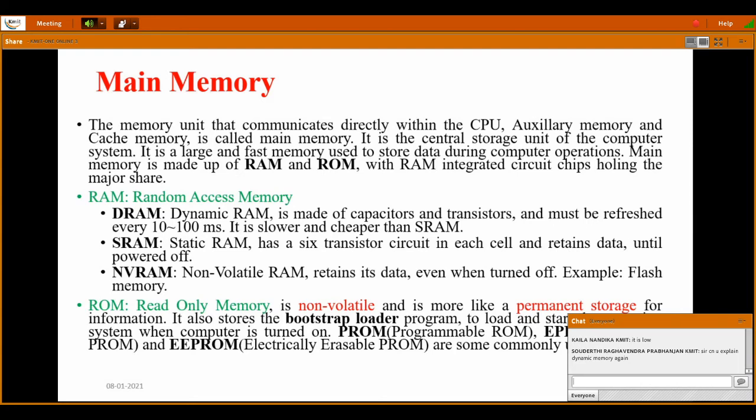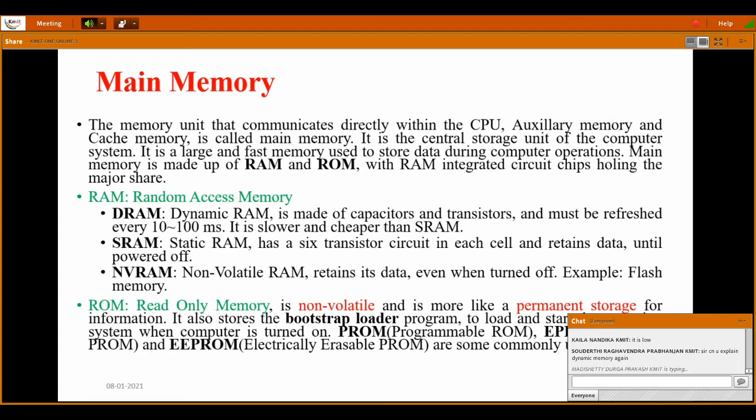Understood? Here SRAM is static RAM and DRAM is dynamic RAM. SRAM has 6 transistors in each cell and retains data until power is off.